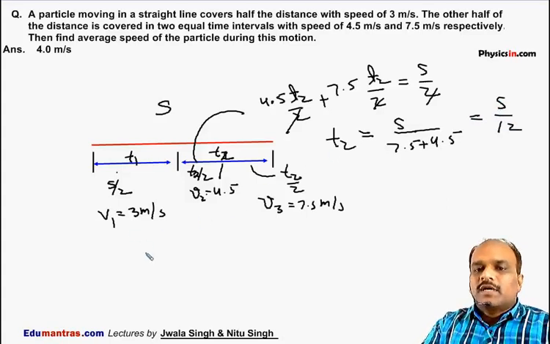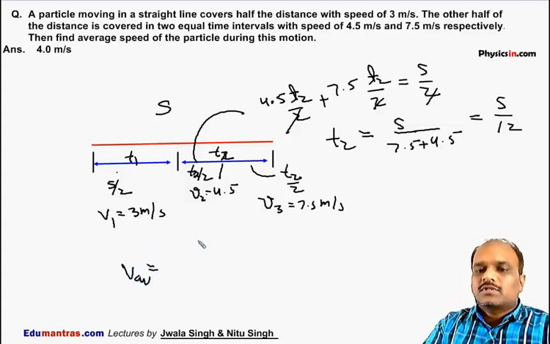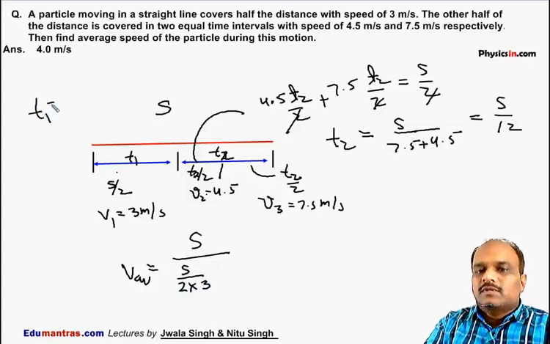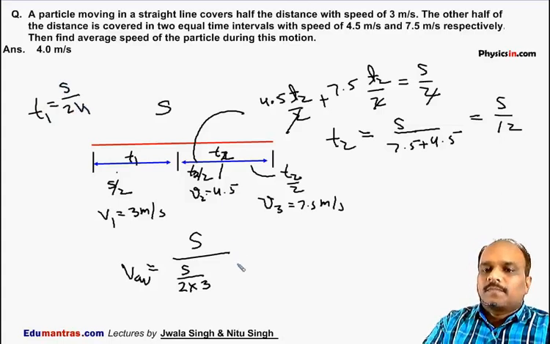Now the average speed V average is the total distance traveled, S, divided by the total time. We know T1 is equal to distance S by 2 divided by speed 3, so T1 is S by 6. Total time is T1 plus T2, which is S by 6 plus S by 12.